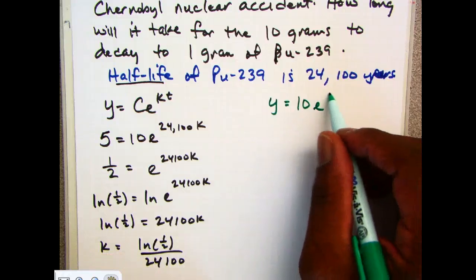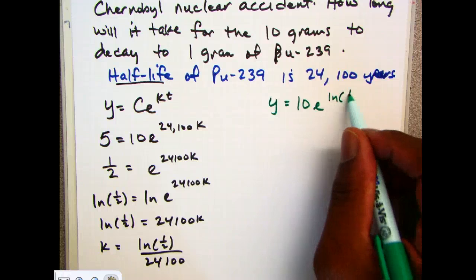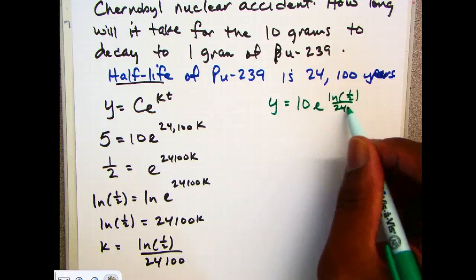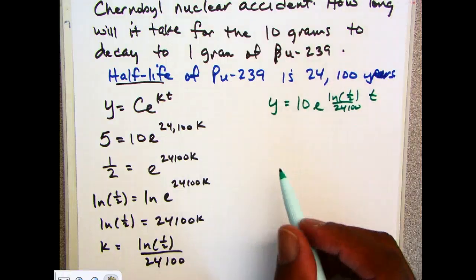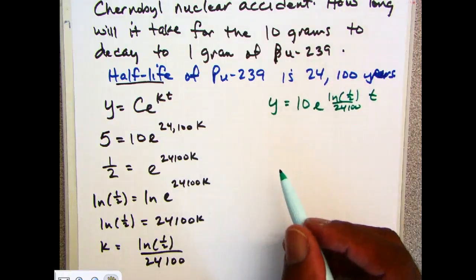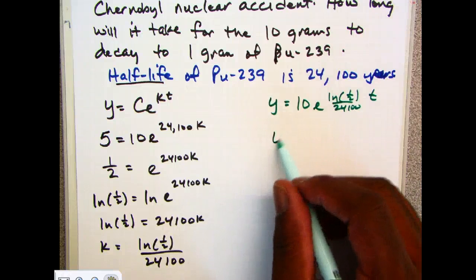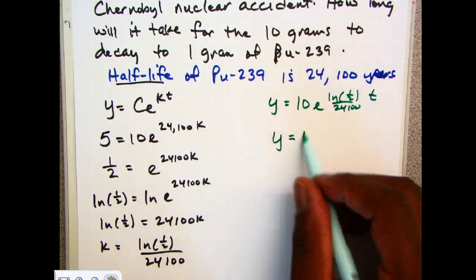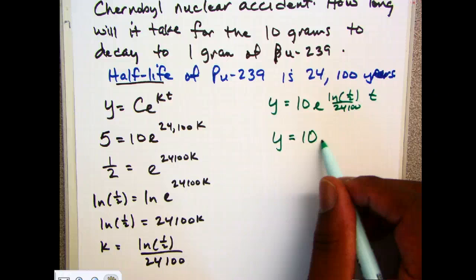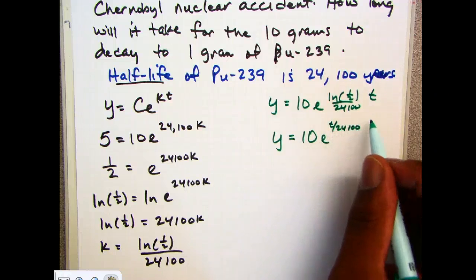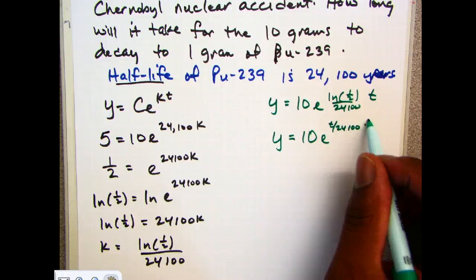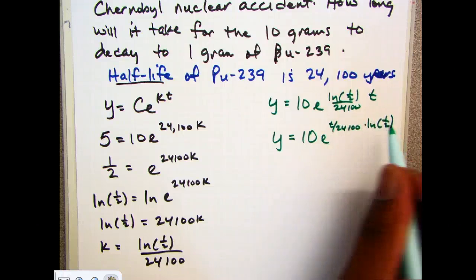Well, that's going to be ln of 1/2 divided by 24,100 t. And that is our exponent there. Okay. Now I'm going to rewrite this. So y is equal to 10e. I'm going to write it as t over 24,100 times ln of 1/2. And you'll see why in a minute.